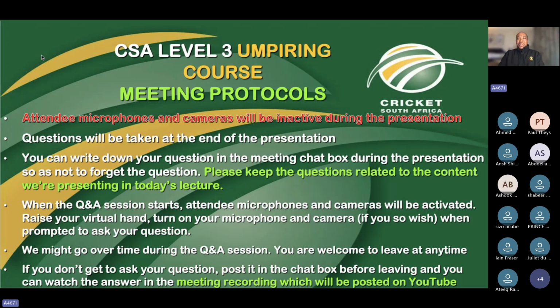And please be mindful that there are a lot of calculations in Cricket South Africa's Level 3 exam. We have not faced such calculations before in level 1 nor level 2. So we need to be very attentive in terms of not just knowing our laws, but also the calculations that are part of an umpire's duties to carry out in certain matches.